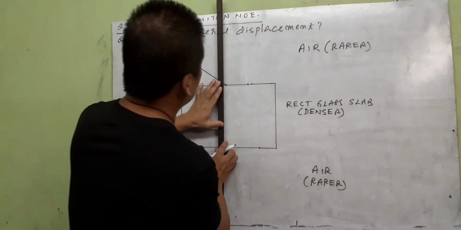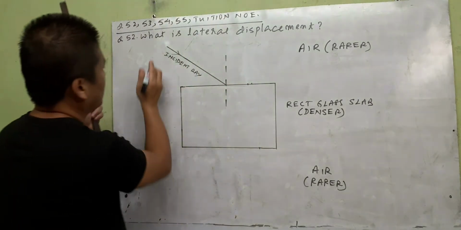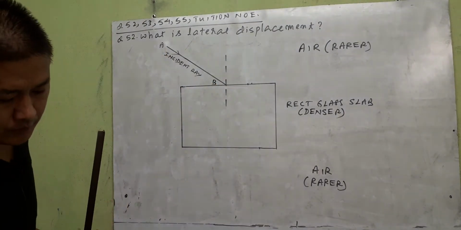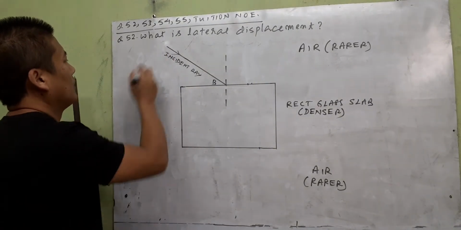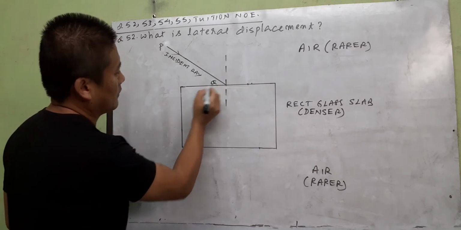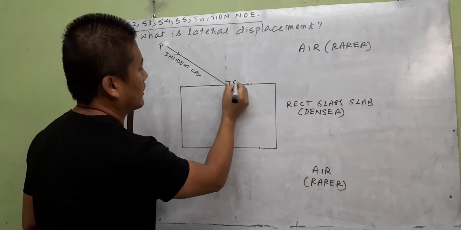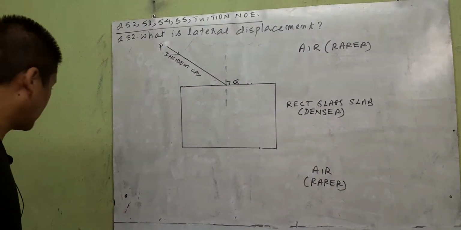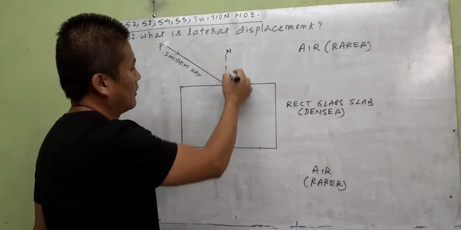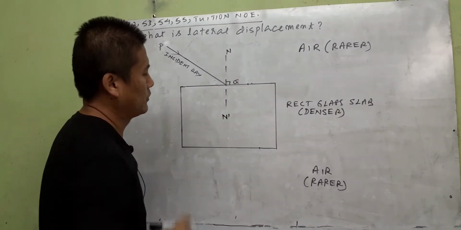At the point of incidence, if we draw an imaginary line, let's say this is PQ, at 90 degrees to the interface, that line is called the normal. So N, Q, N dash, let us say.